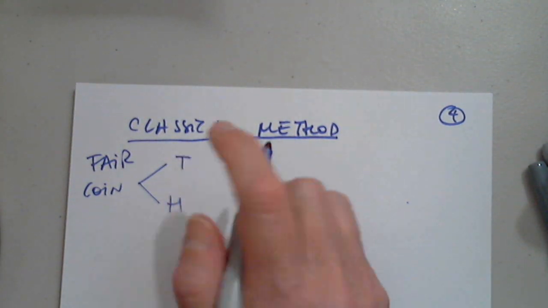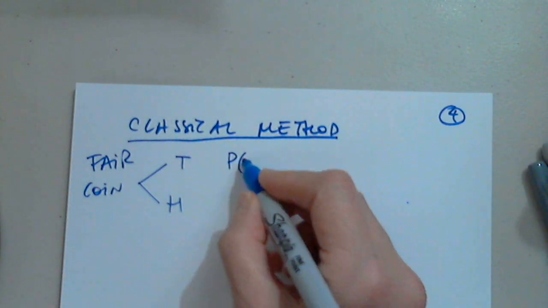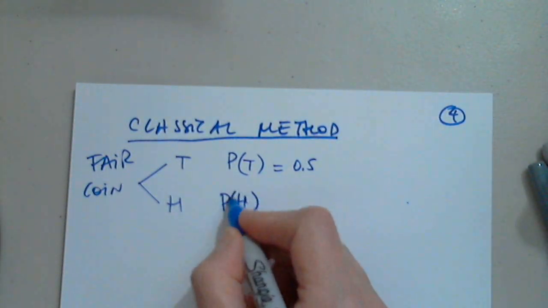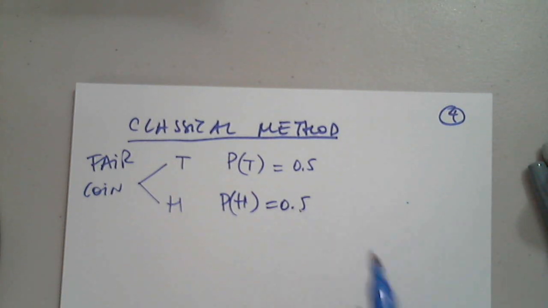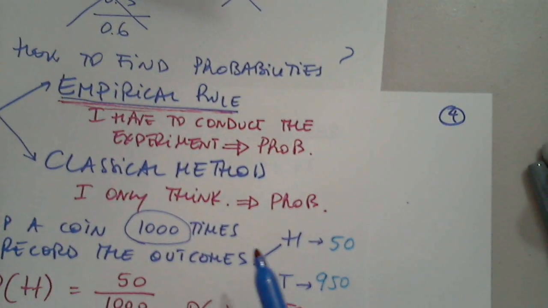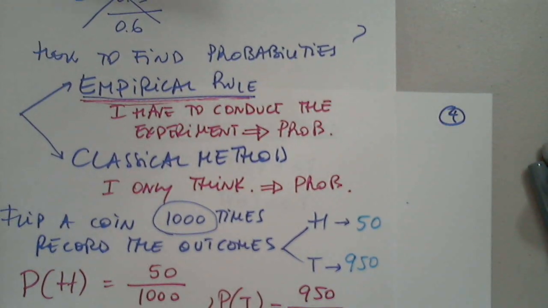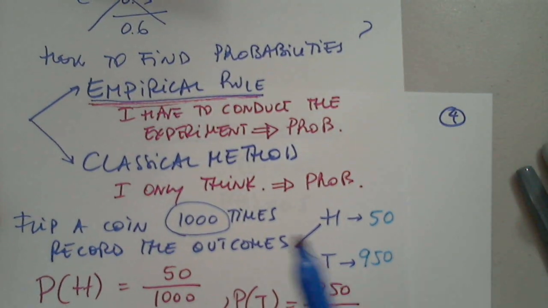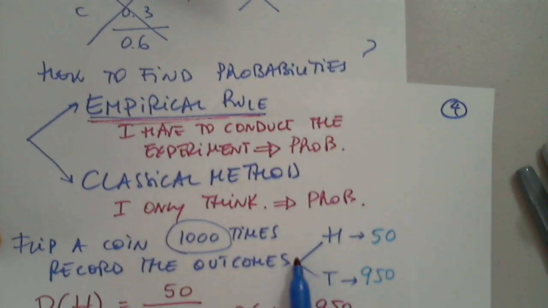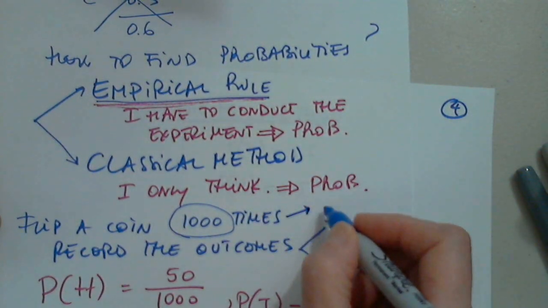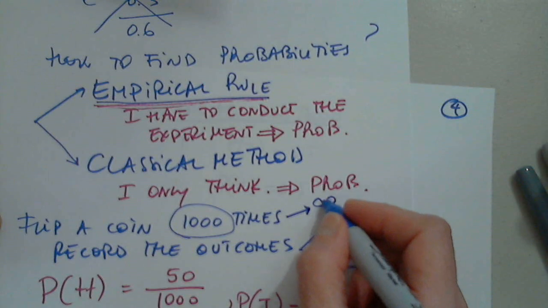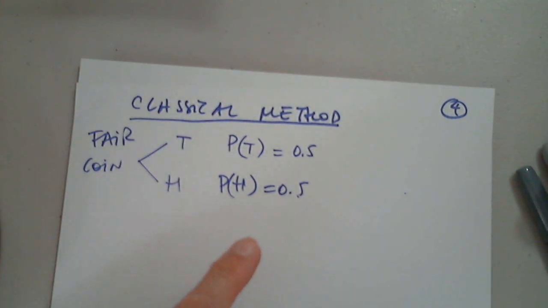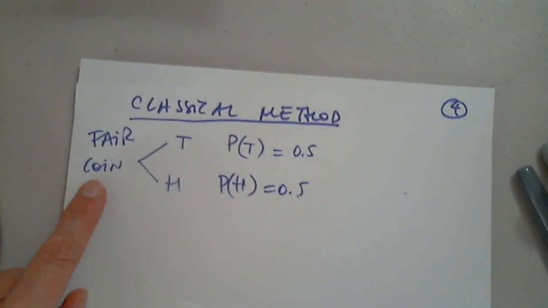The probability of the tails is 0.5 or 50%, and the probability of heads is definitely 50%. It is possible that my experiment with 1,000 did not give me that 50-50 chances. It should have been 500 and 500. I didn't get that. So this is what happened when I used the empirical rule. But if I increase this number, and of course that's not possible, but if I increase it to a high number, by the law of large numbers, this will show eventually, assuming that it's a fair coin.